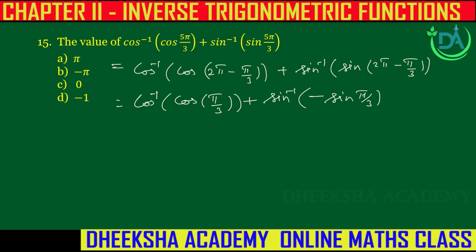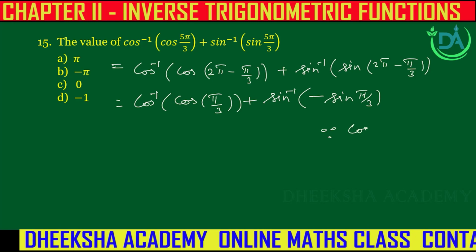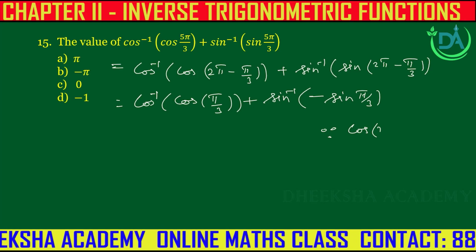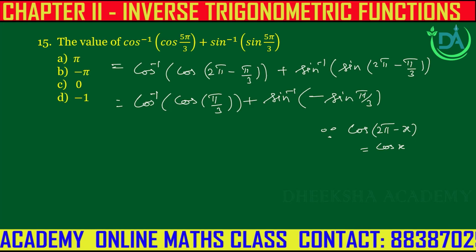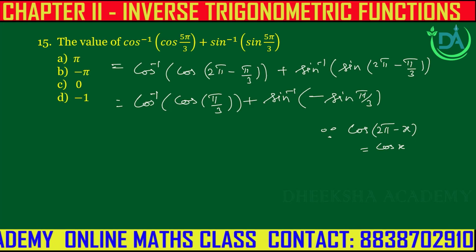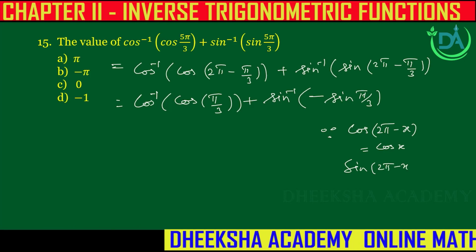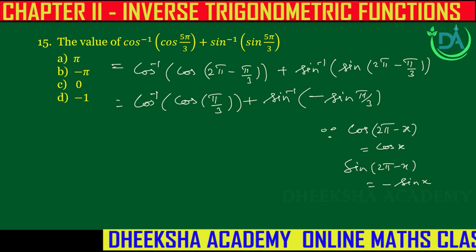So here we use the two trigonometric formulas: cos of 2 pi minus x is equal to cos x, and sin of 2 pi minus x is equal to minus sin x. So here we use the formula.